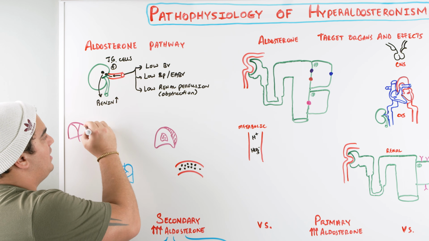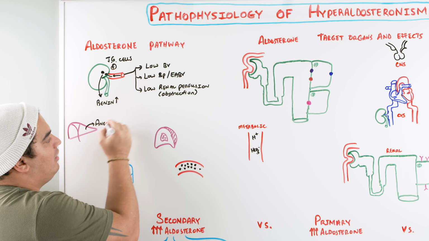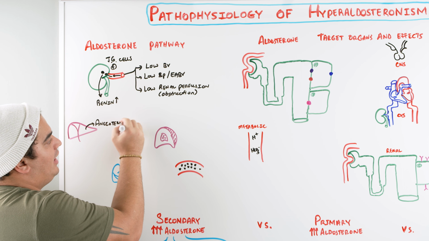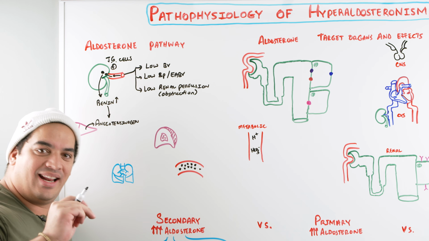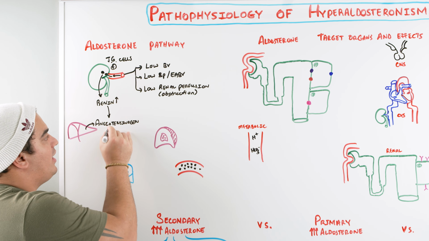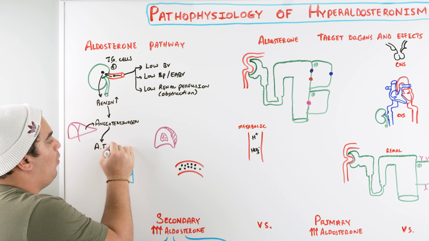Now, renin's interesting because there's a molecule here called angiotensinogen, which is made by our liver. It's naturally circulating in our bloodstream. And what happens is renin's like, hi-ya! It cuts a piece off of angiotensinogen, converting it into something called angiotensin 1.